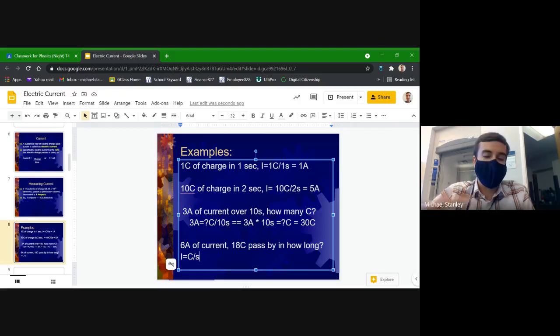This is good, charge over time, but we're dealing with coulombs and we're dealing with seconds. So if we have a current of 6, and we want to know how long it takes 18 to pass by.